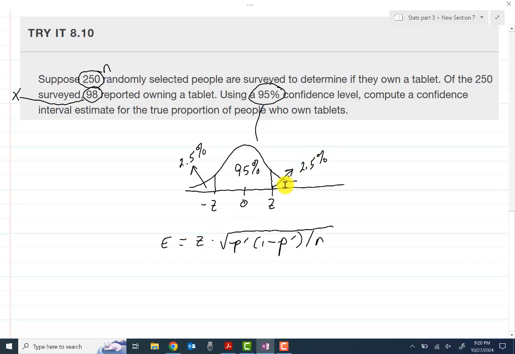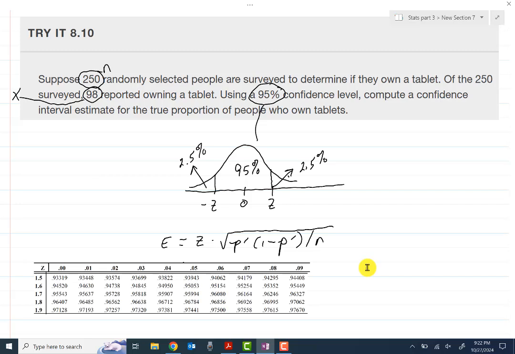So we go and look up 0.975 in the table, and we've done that before. I'll do it again just to remind you. I guess you could look up a z-value that's associated with 2.5%, but I'm going to look up mine associated with 97.5%. So let me go ahead and pull that up.